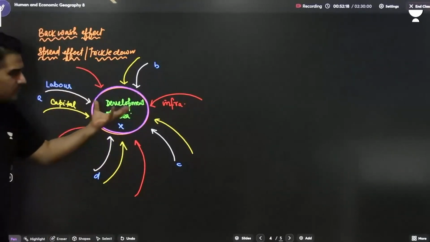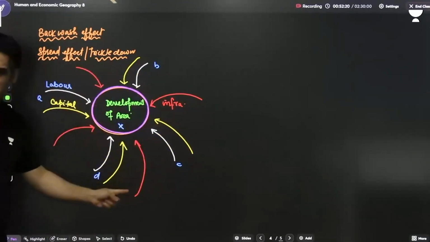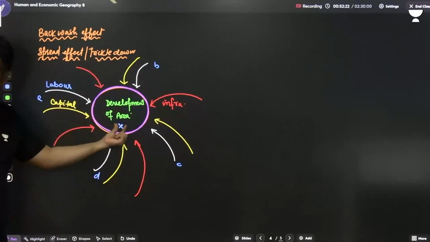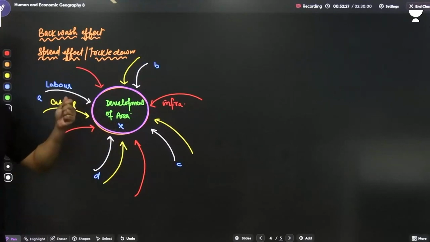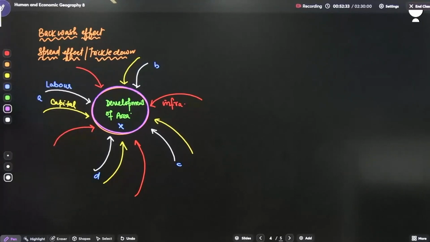So growth will be here more, but what happened to these areas? Growth will get affected. Can I say X will become most prosperous, become more rich, and what will happen to ABCD? Day to day their economic conditions will be worst. समझ आ रहा है? Disparity is reducing or increasing? Disparity कम हो रही है कि बढ़ रही है? बढ़ रही है. So can I say regional disparities are taking place?